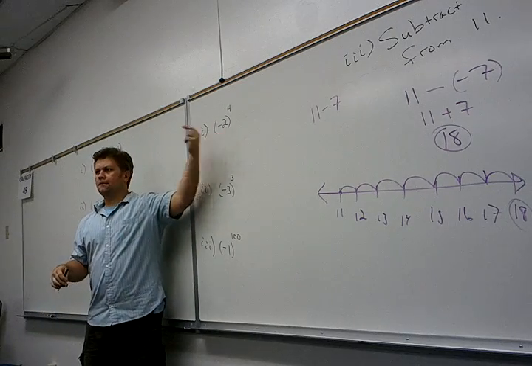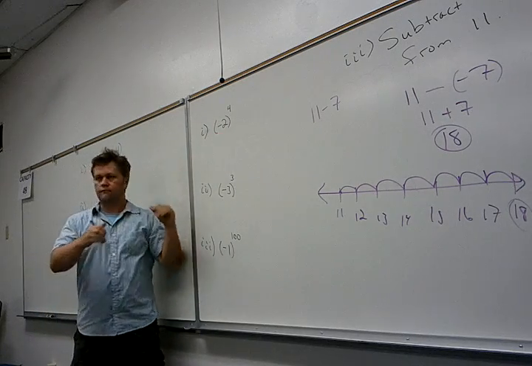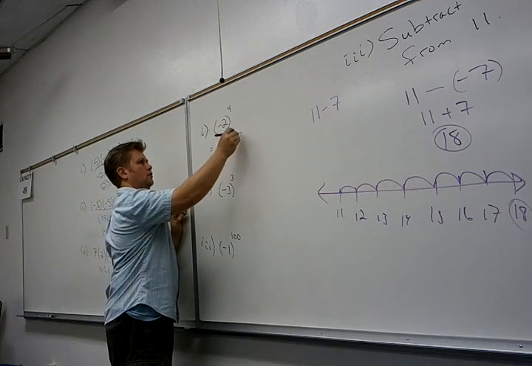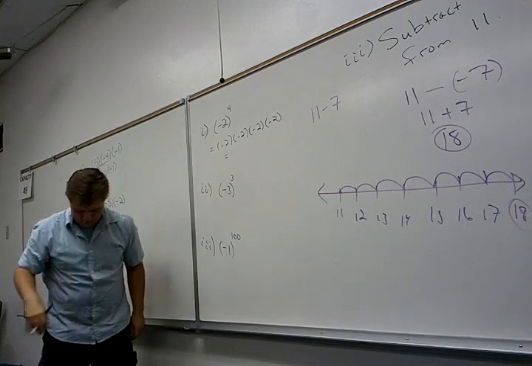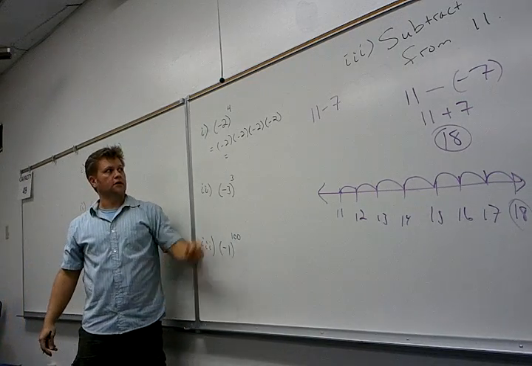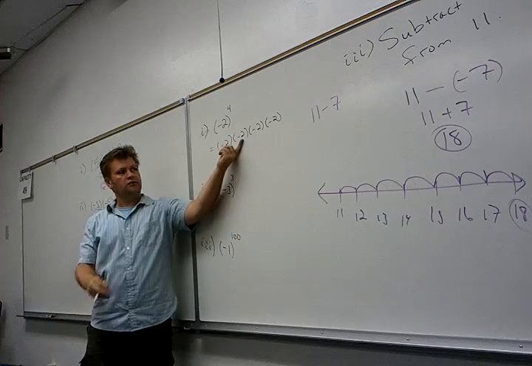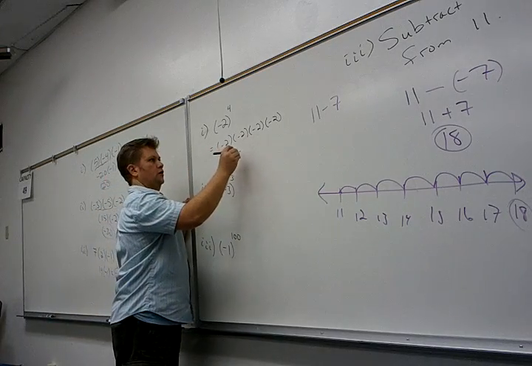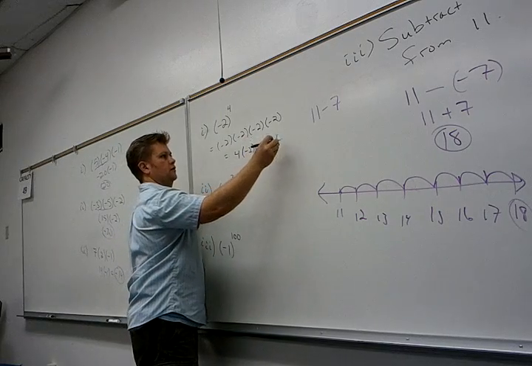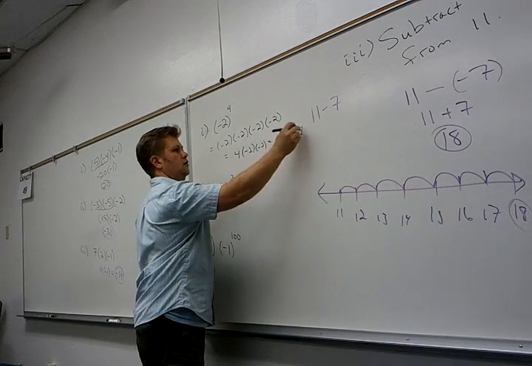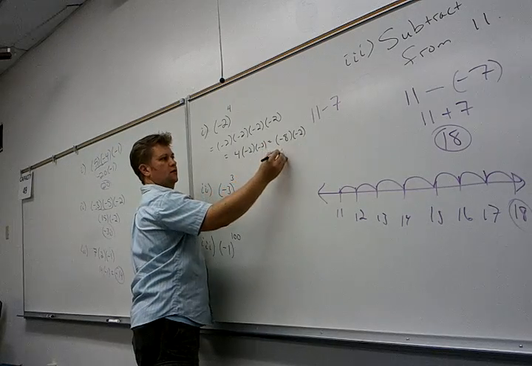So how do I do this first guy? -2 times -2. Good. -2 to the power of 4. Yeah, -2 times -2 is 4. 4 times -2 is -8. And -8 times -2 is 16.